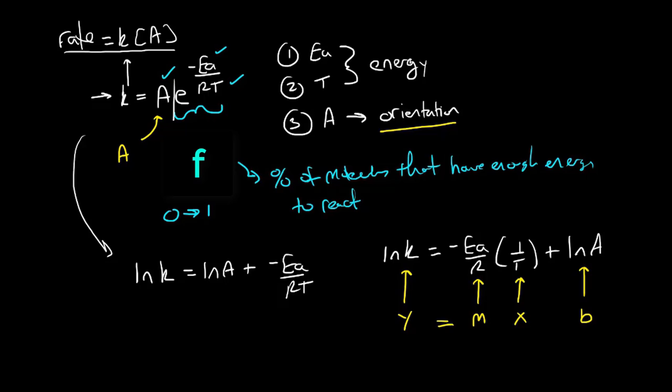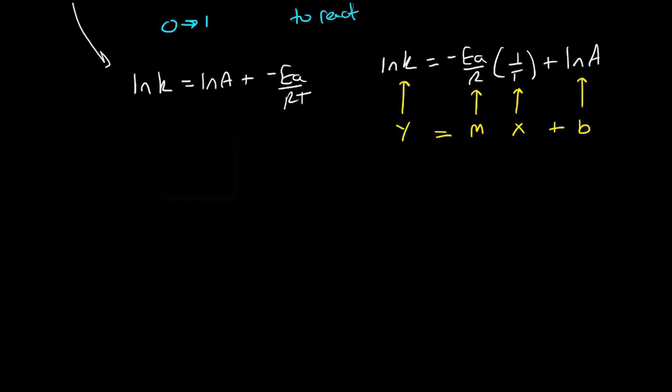So we have a y equals mx plus b situation here, which means that if we plot the natural log of k on the y-axis, and on our x-axis we plot 1 over temperature, then this should be a perfectly linear relationship.